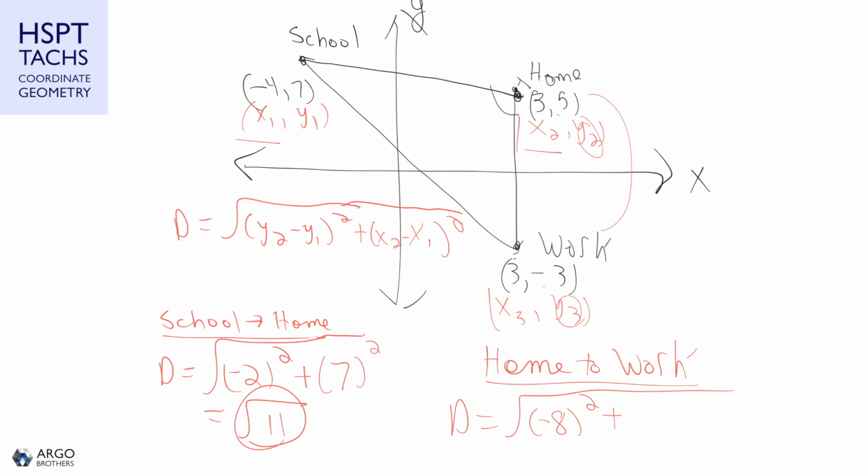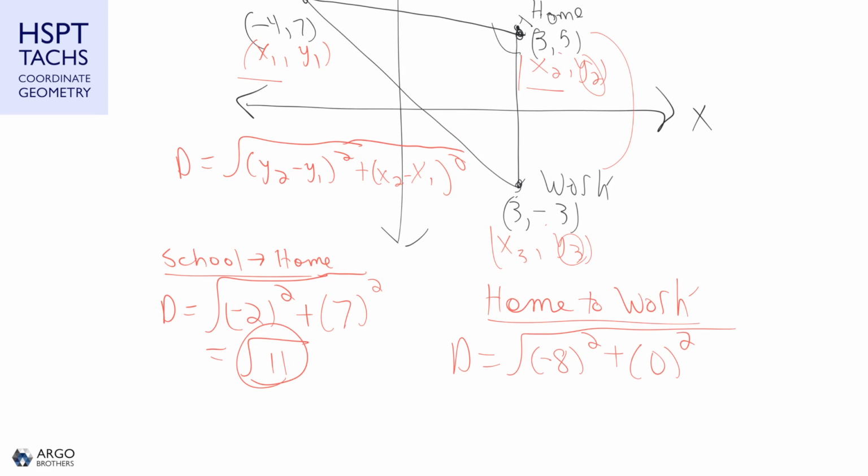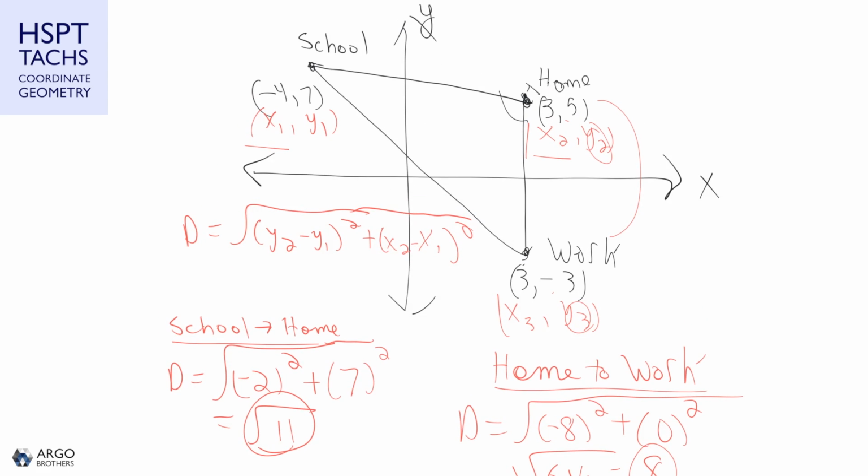Plus x3 minus x2, which is 3 minus 3 or 0, and then you square it. And so that will give you a distance of the square root of 64, which is 8. So this is a distance of 8 from home to work. So let's start labeling what we have. We have this distance as square root of 11, and we'll call this feet. And then this has a distance of 8 feet.